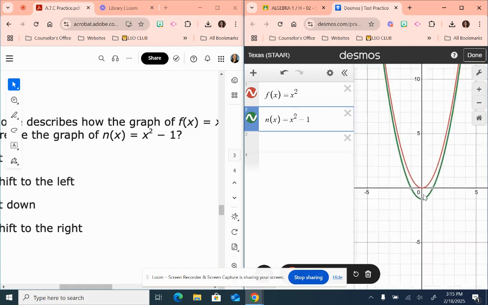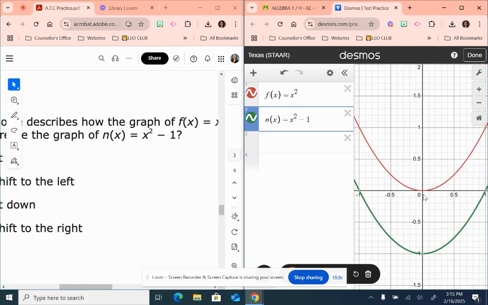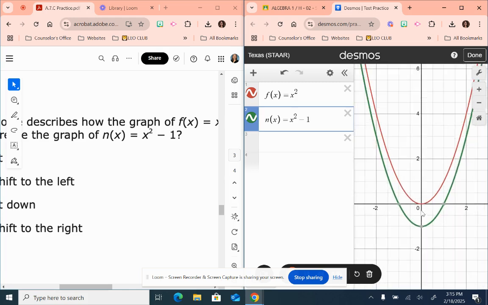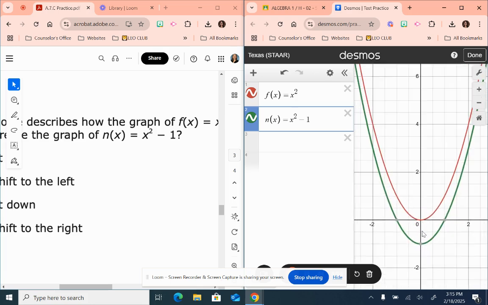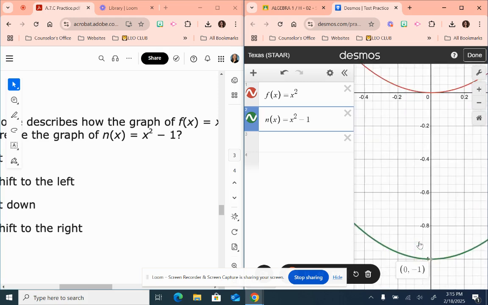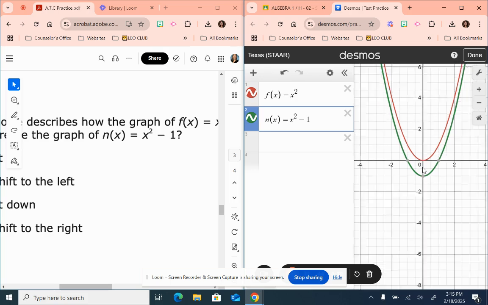And just keep in mind when you zoom in and out, just be careful. Don't count the little squares, count the actual units. So right here, depending on how you're zoomed in, it could look like you're going to count 1, 2, but it's actually just shifting down half a unit because you can zoom in quite a bit and see that it's -0.2, -0.1, or zoom out to where it's just a one-on-one.